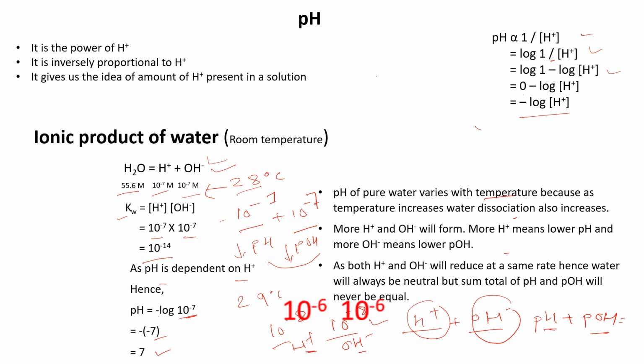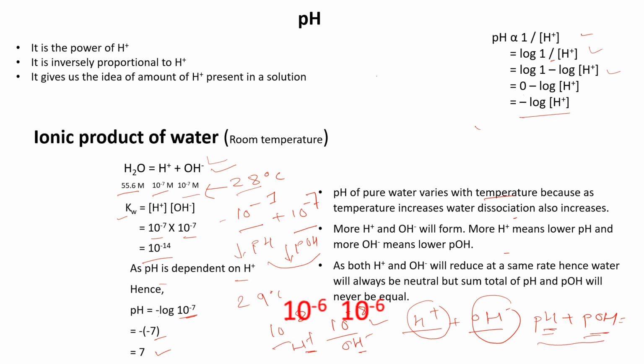They both will reduce at the same rate. Correct? If we increase H plus, the pH will reduce. If we increase OH minus, the pOH will reduce. So because H plus and OH minus are increasing at the same rate, pH and pOH will also go down at the same rate. So because the rate is the same, the water will be neutral at all temperatures. But if we add their pH and pOH, it won't be the same at all temperatures. Understood? Clear?